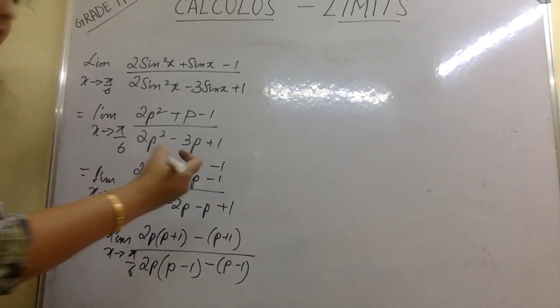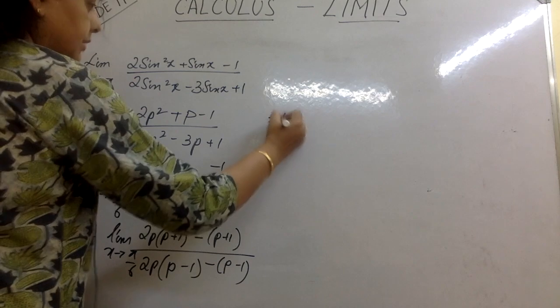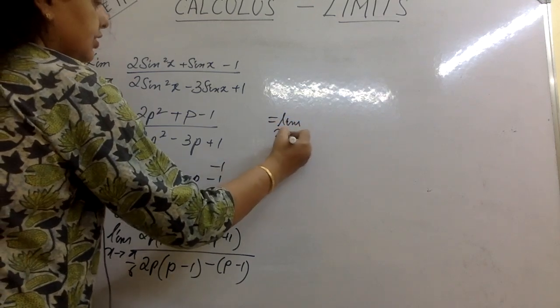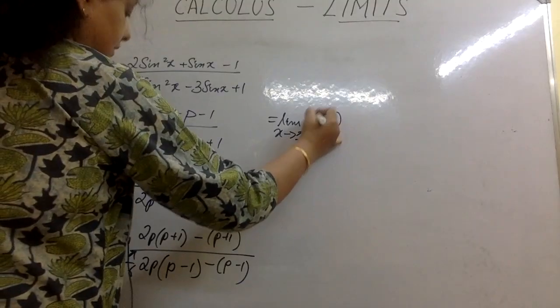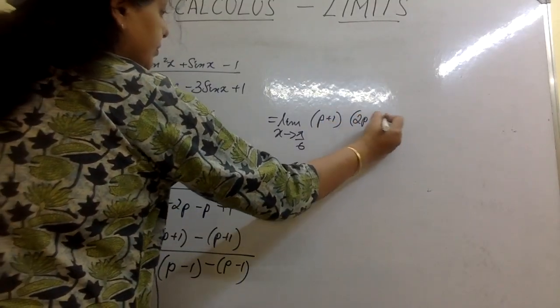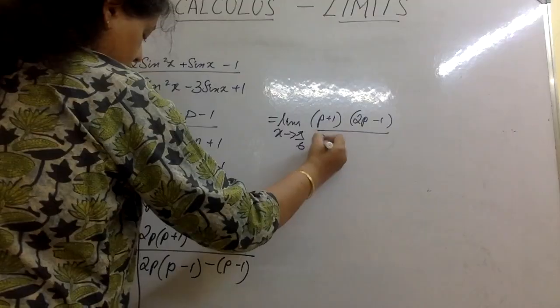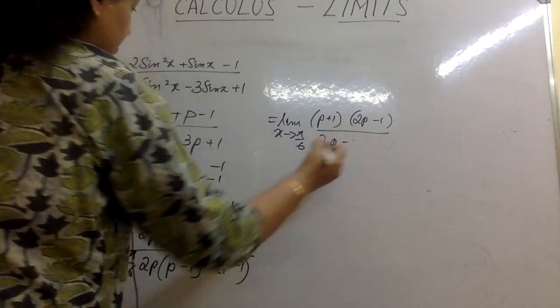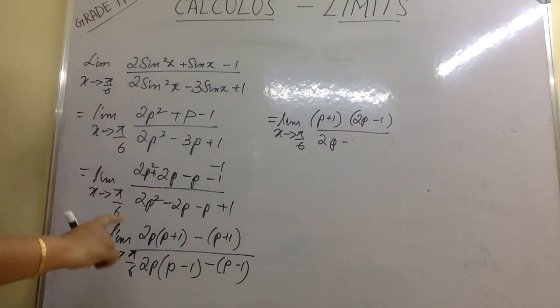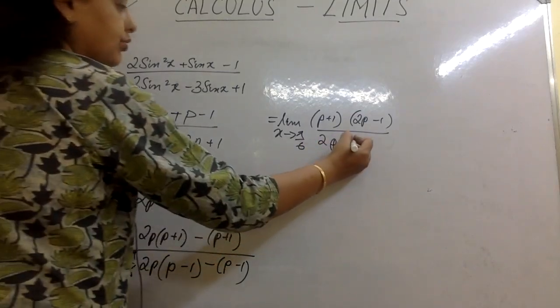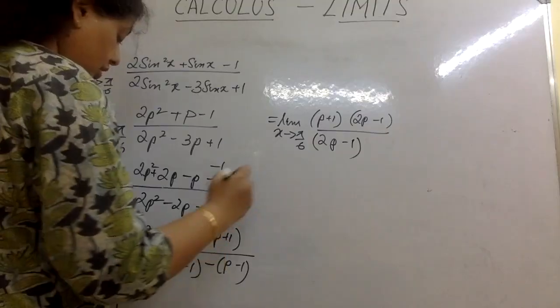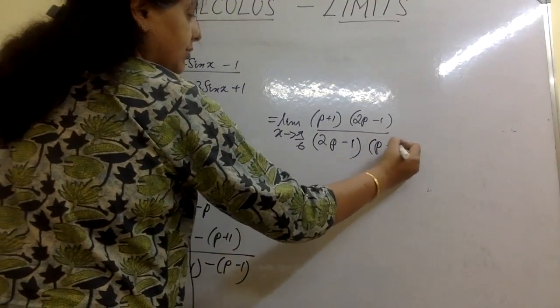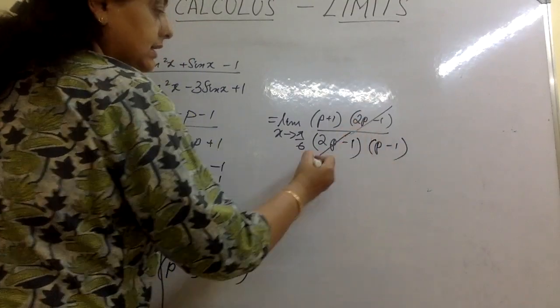Next step, which is equal to limit x tends to pi by 6, p plus 1 and 2p minus 1. Please don't use sin here unnecessarily, the sum becomes big. Not that you can't do it without the substitution of p, but you should not do it because it becomes very big. Now cancel this.